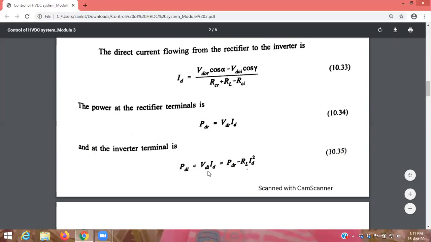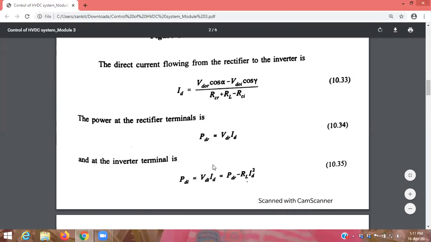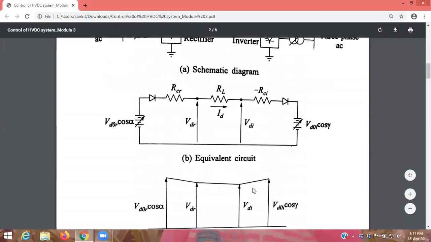Now this is equal to VDID. The power available at the inverter terminal is the power available at the rectifier terminal minus the power loss here.